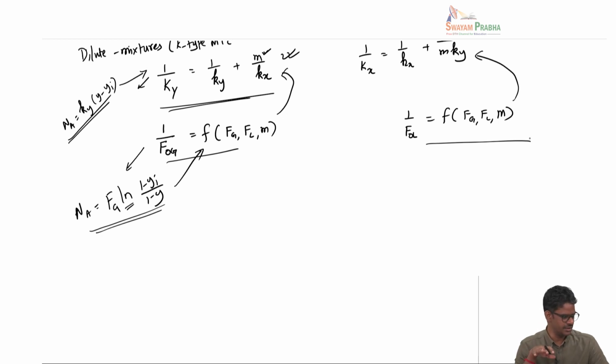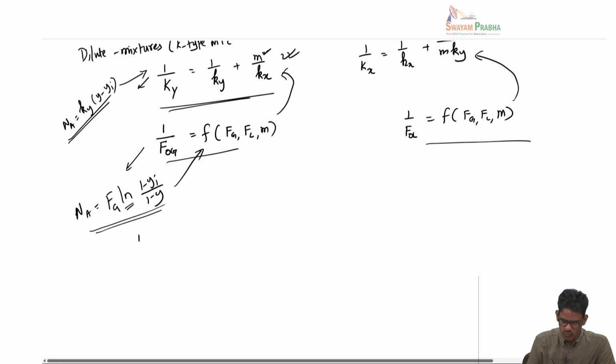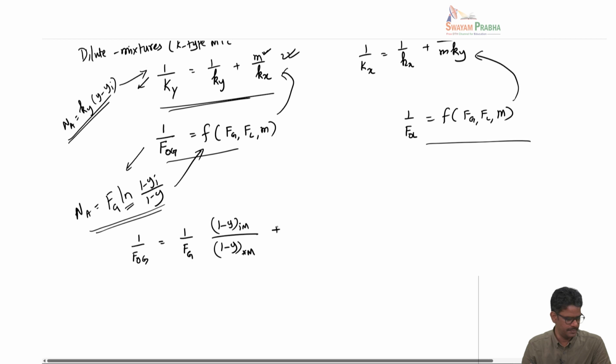So let me just give you the expression that 1 by FOG is written as 1 by Fg times (1 minus y im by 1 minus y star m) plus m by FL.